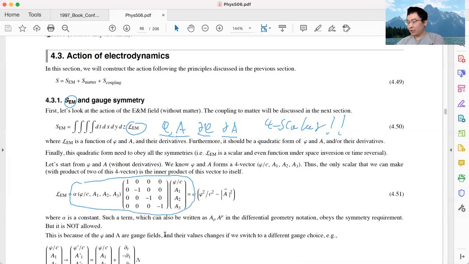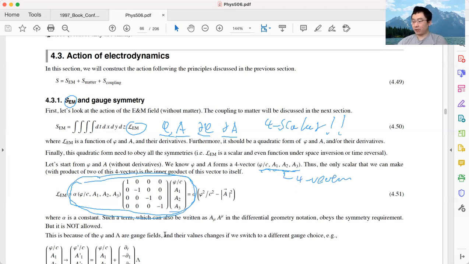Remember, phi over c and the vector potential Ax, Ay, Az form a 4D vector, a 4-vector. As we learned earlier, these four quantities combined together form a 4D vector. And we also learned that if we have a 4D vector, we can do an inner product of this 4D vector with itself. Then we get a scalar.